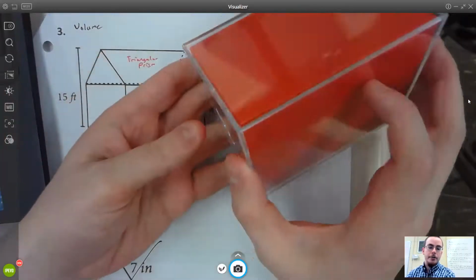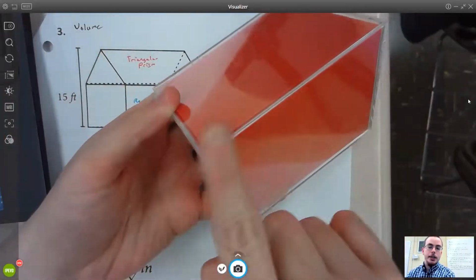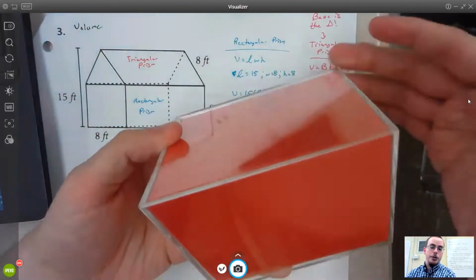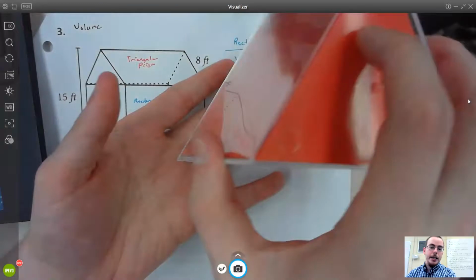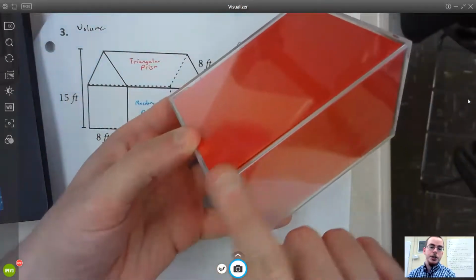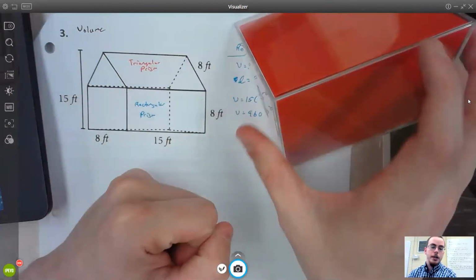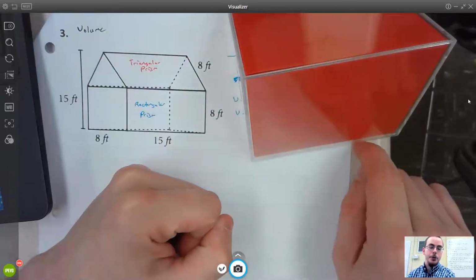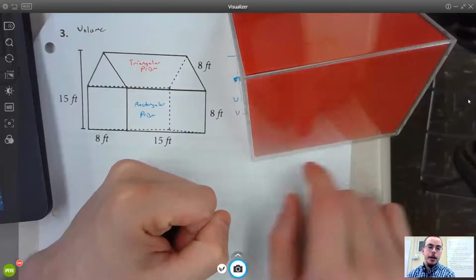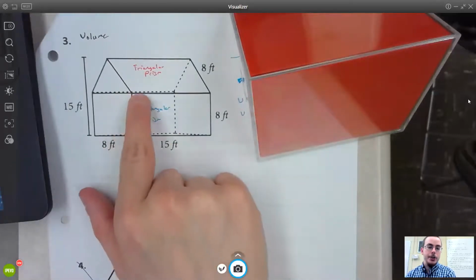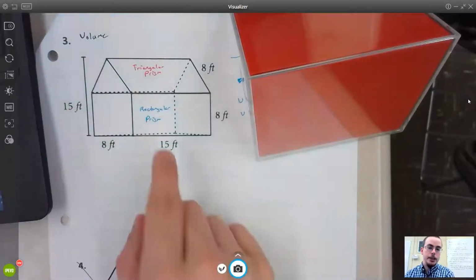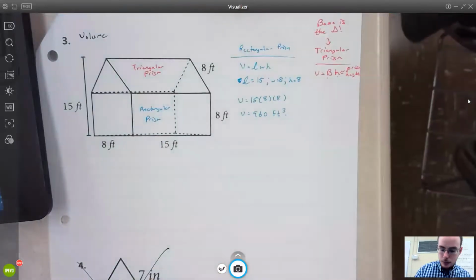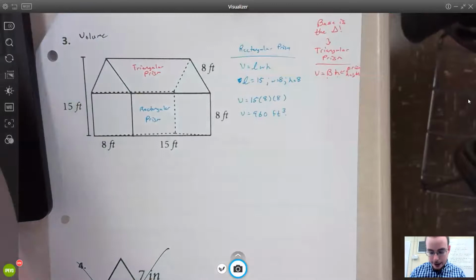So instead, the only sides that are going to end up standing up are these sides here, and those are all congruent. So when you stand it up, this side is your height, and if you look at this picture, what is the height of your triangular prism? You should see the height of the triangular prism when you turn it on its side would be 15. So your height is 15.